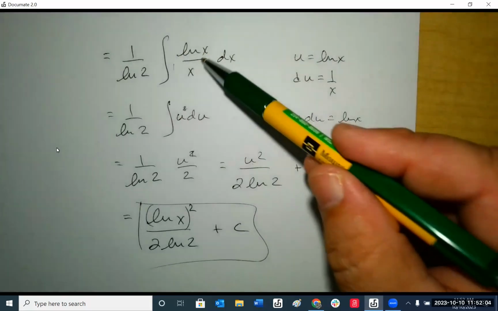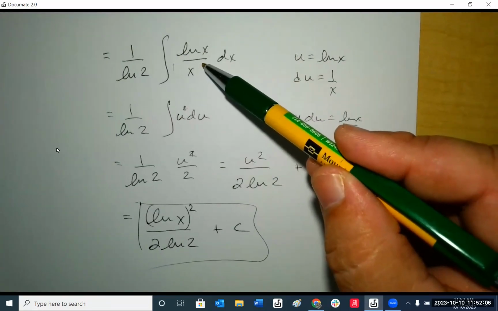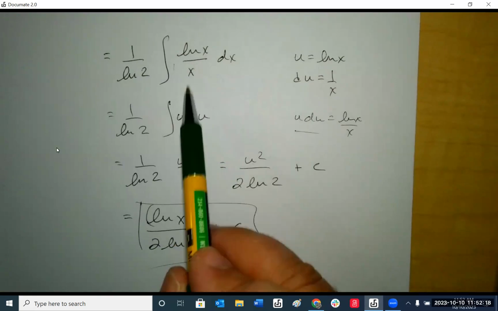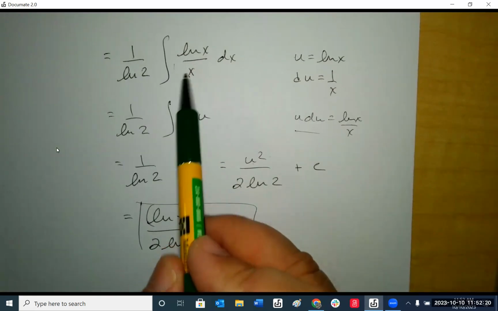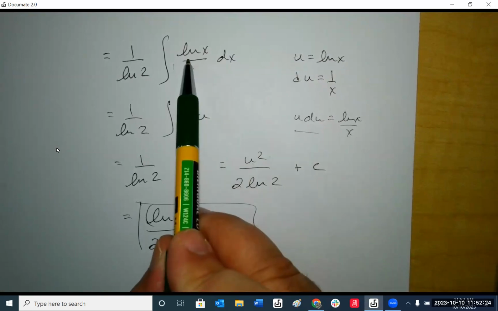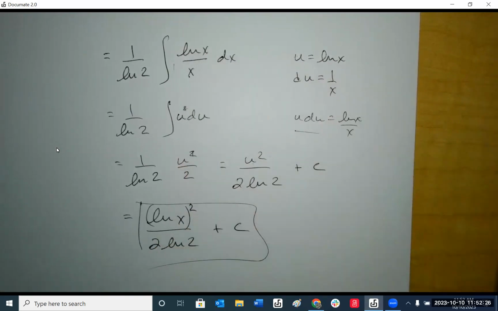Because getting here is easy. And when you convert to a function to u, always convert the differentiable function as u. Because the derivative of x would be 1. So that's not u. So u had to be ln x. The derivative of ln x is 1 over x.